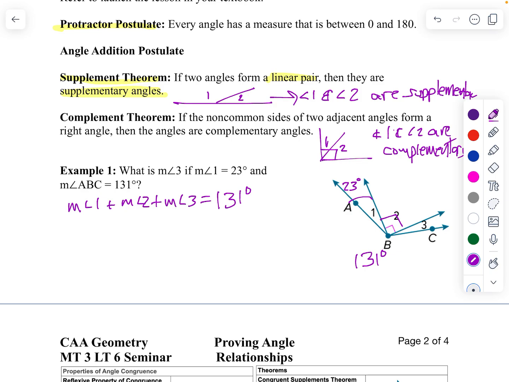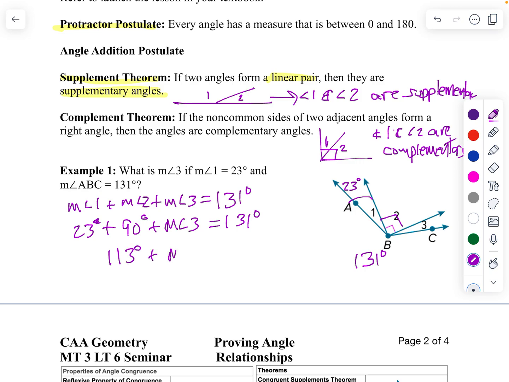Now I know angle 1 is 23 degrees. I know angle 2 is 90 degrees. And I'm going to find the measure of angle 3 so that I know the total is 131 degrees. Well, 90 plus 23 is 113, isn't it?